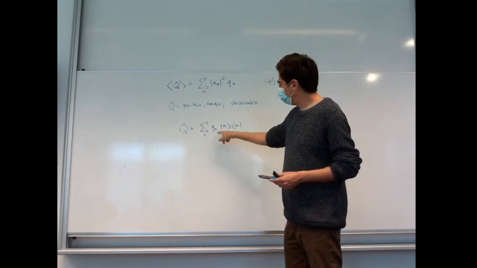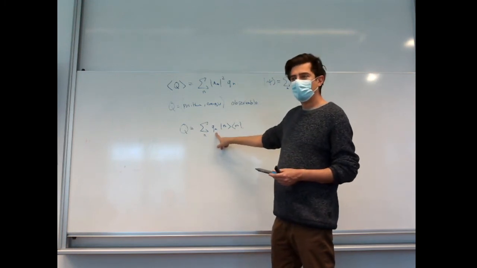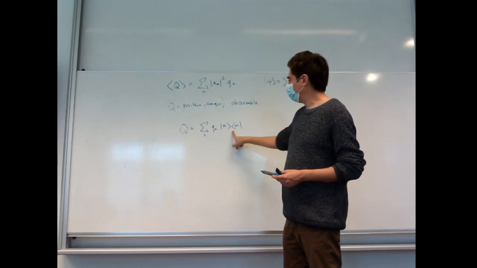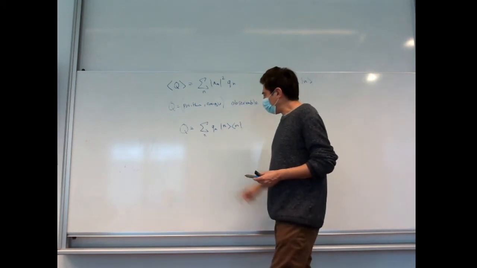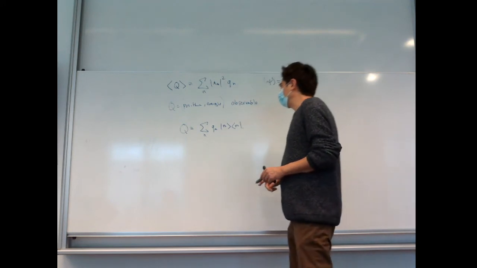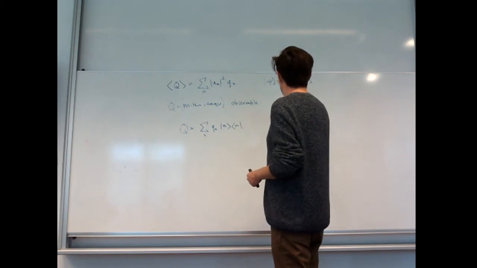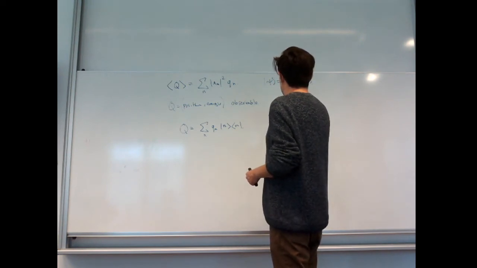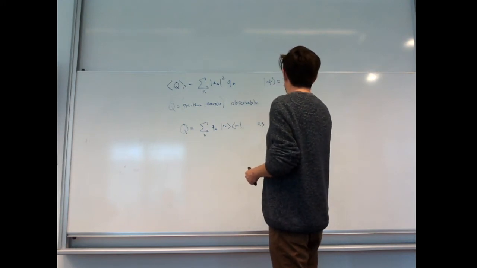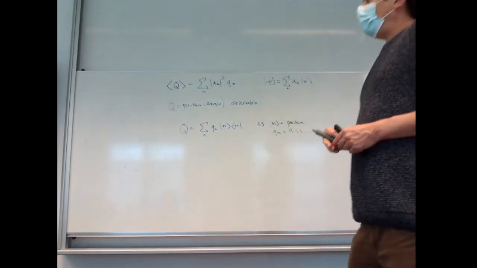And essentially we put on the diagonal elements, with respect to the states that we're talking about, the value of the observable. So e.g., this could be the position, and then the q_n would be the 0, 1, 2, 3, like before.